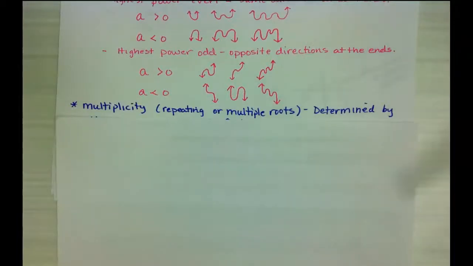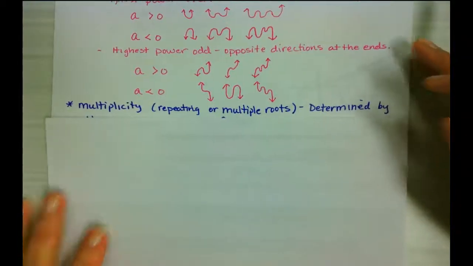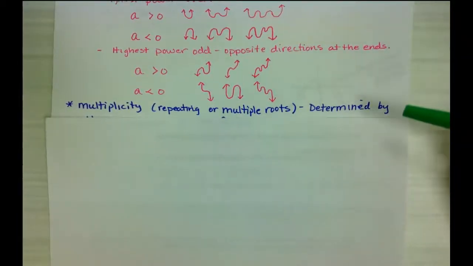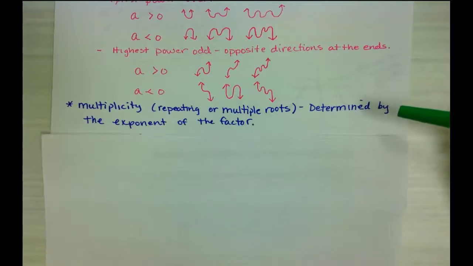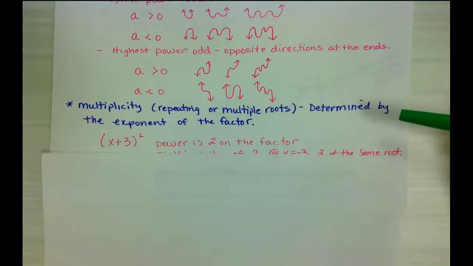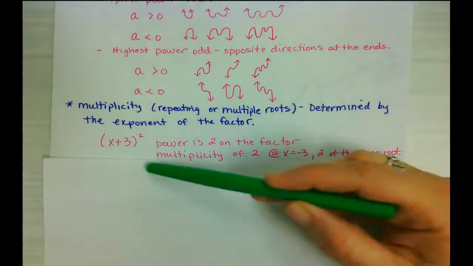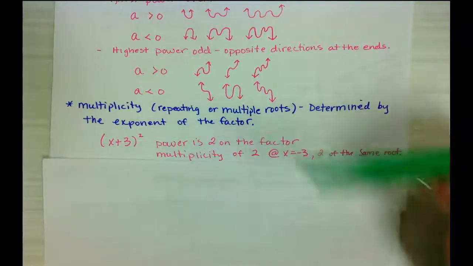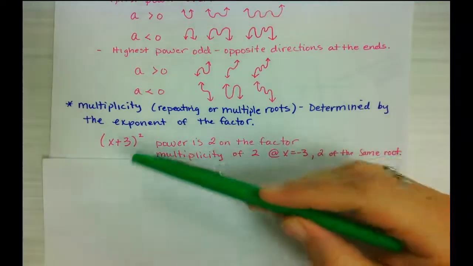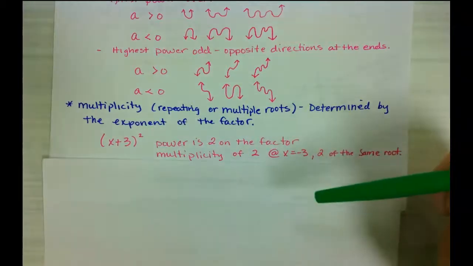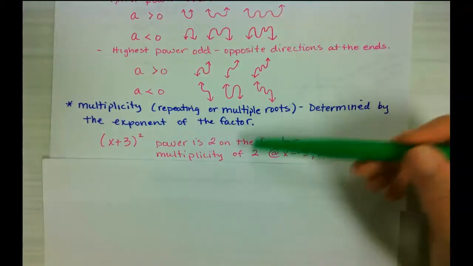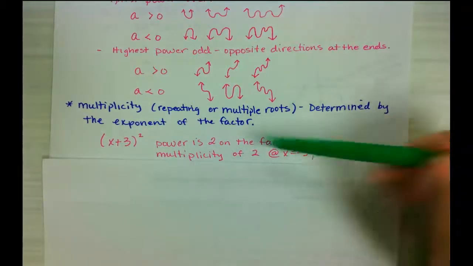All right, then we have multiplicity, or repeating or multiple roots, and we determine that by the exponent of the factor. For instance, if I have x plus 3 squared, the power is 2. That's what the little power up here is. And then the factor is a multiplicity of 2. So we would actually write m of 2, and it's at x equals -3.